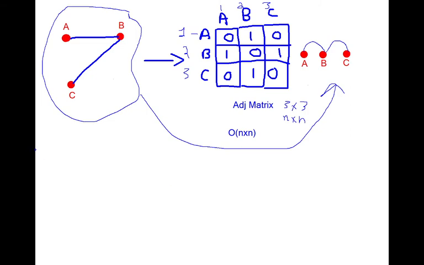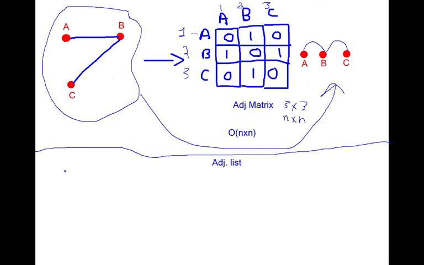The other representation, or the other data structure to store the graph, is called the adjacency list, right? Now the adjacency list is a bit different, but I will be representing the same graph using an adjacency list.